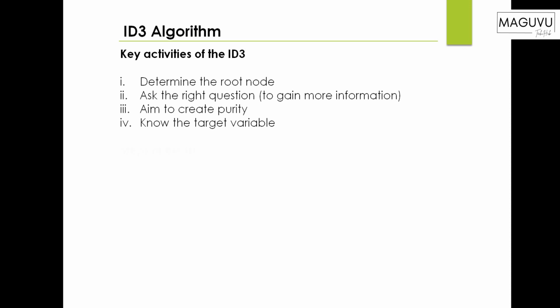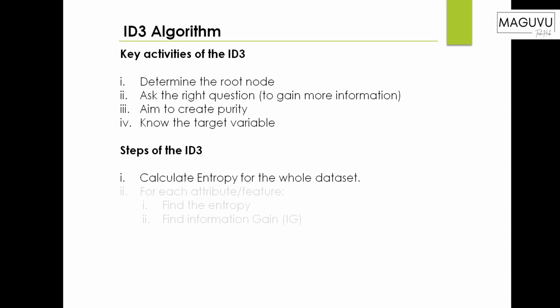The steps that you would take when you are iterating through this decision tree are to calculate the entropy of the whole dataset. For each attribute or feature, find the entropy. Then use the entropy to find the information gain at each attribute.